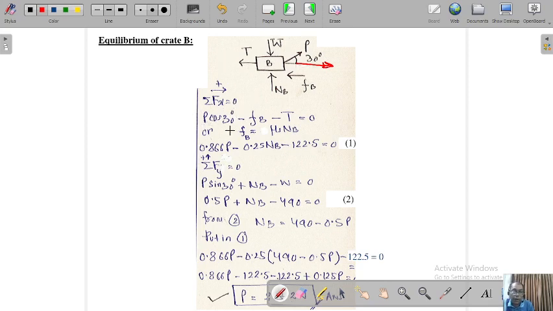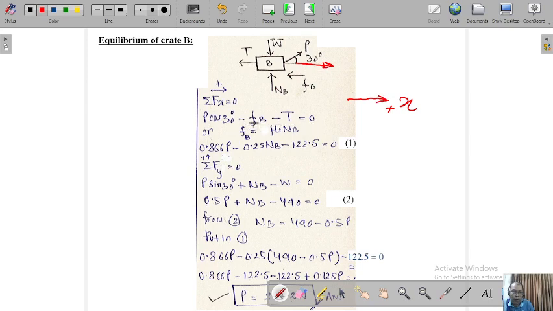So P cos 30 minus Fb, along the x-axis, again remember this is our positive x. And again there is this force which is on the negative x. So P cos 30 minus Fb minus t equals to 0.